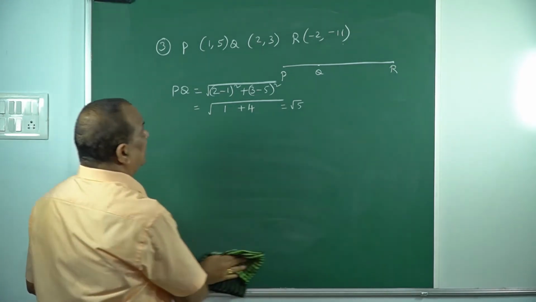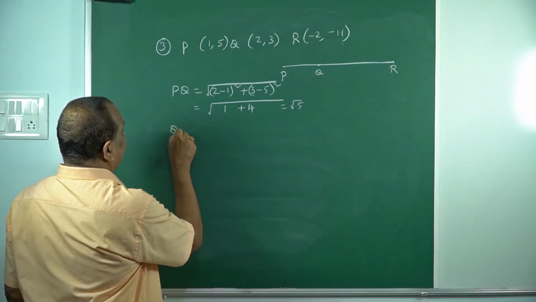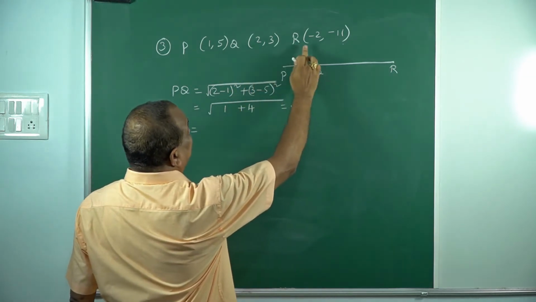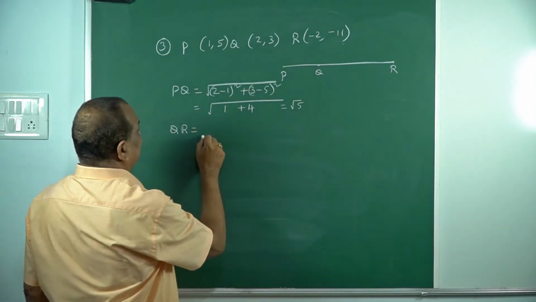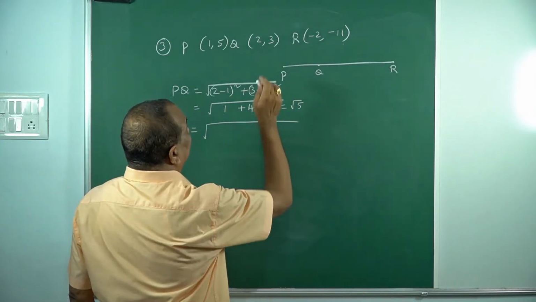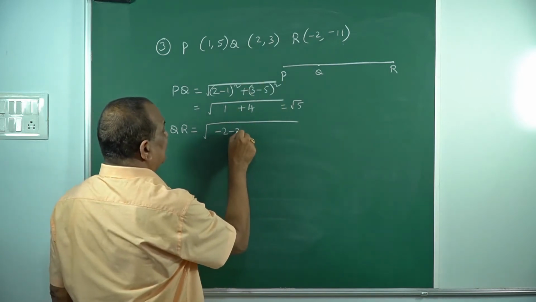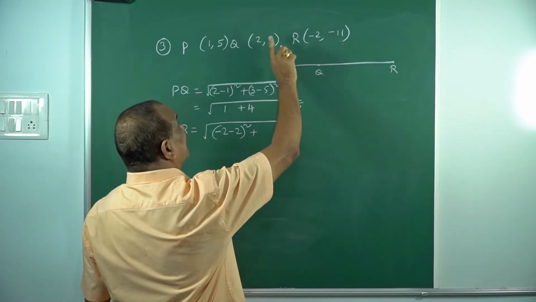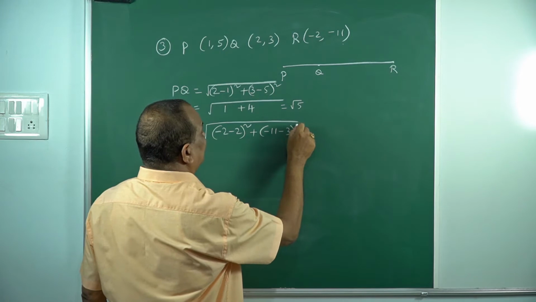Okay, I go to find the distance between Q and R. Similarly, I take up P and R later. So I need to get this distance QR. This is x1, y1 and this is x2, y2, because we want the distance between these 2 points. Root over minus 2 whole square plus minus 11 minus 3 whole square.